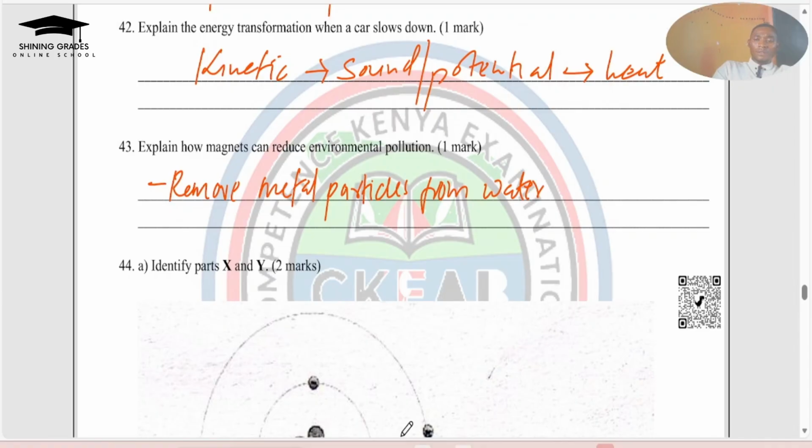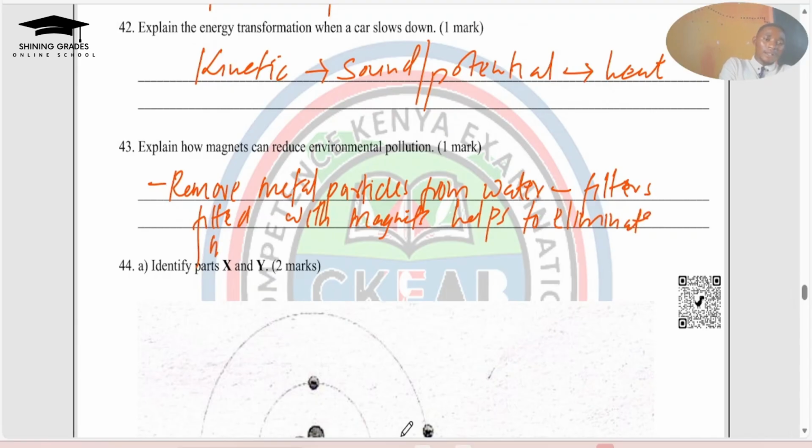When water is passed through filters which are fitted with magnets, the filters help to eliminate metallic or magnetic materials from the water.